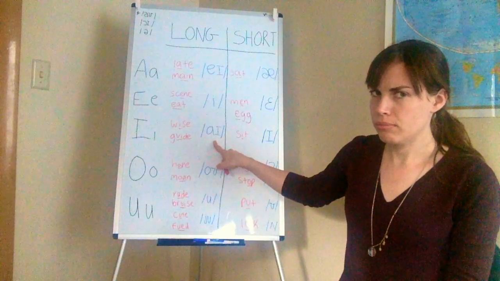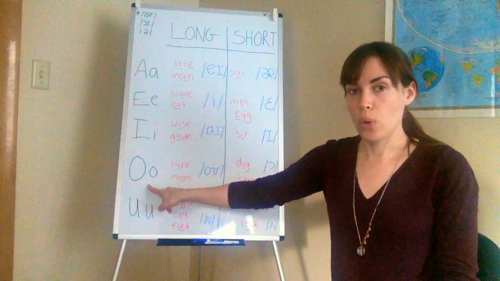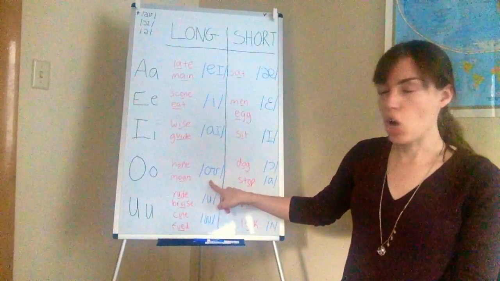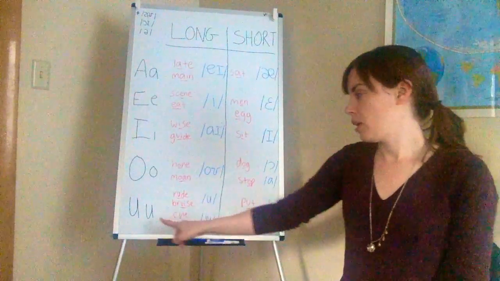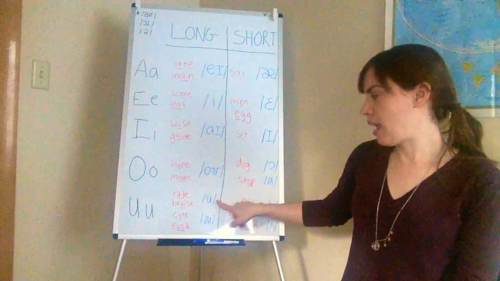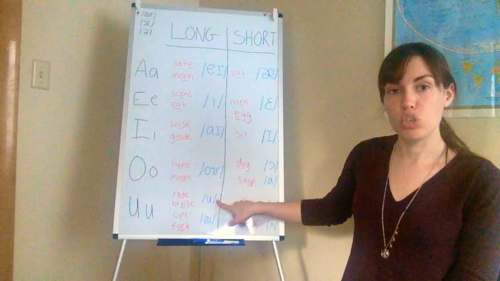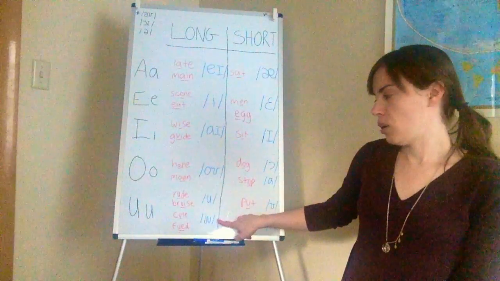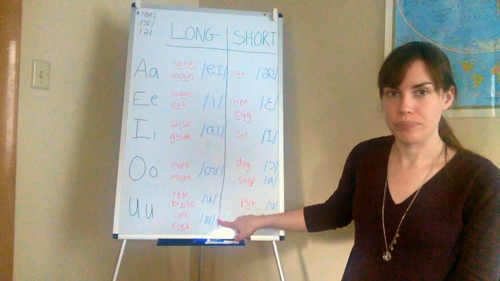Guide. Guys works too, though. For the letter O, the long version is O, as in hope or moan. For the letter U, there are actually 2 long versions. They are U, like in rude or bruise, or U, like in cute or feud.